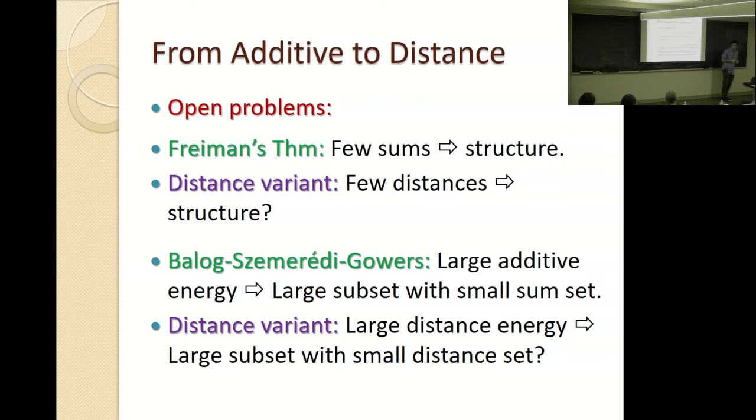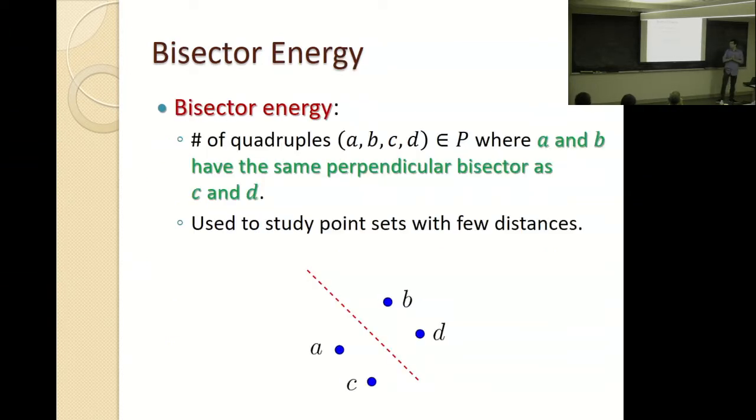So I'm going to try to convince you that it's useful. But before that, I just wanted to mention that this is only one type of geometric energy. You can think of a lot of types of geometric energies. For example, a few years ago, we had a work studying what we call bisector energy. What is bisector energy? We're looking at quadruples of points just like before.